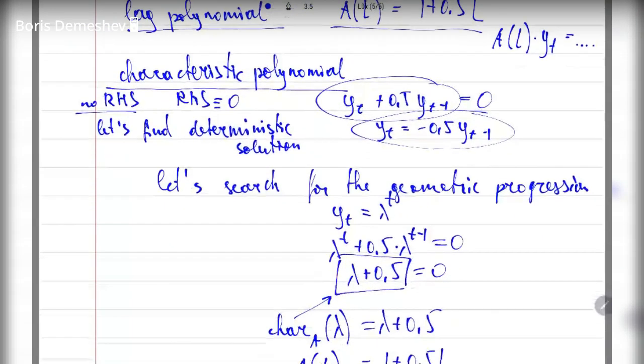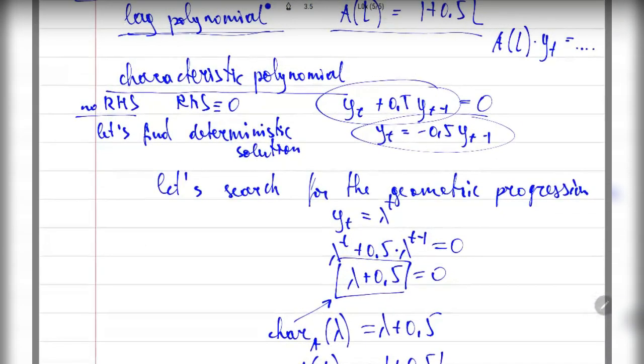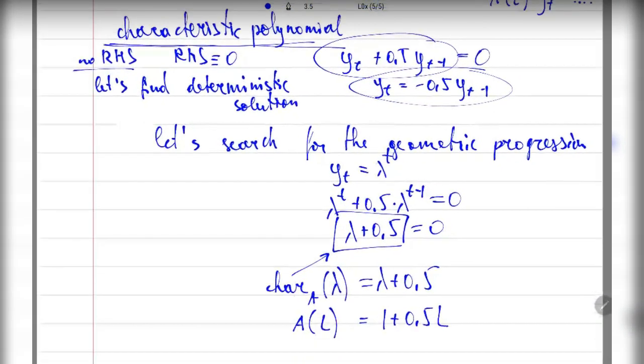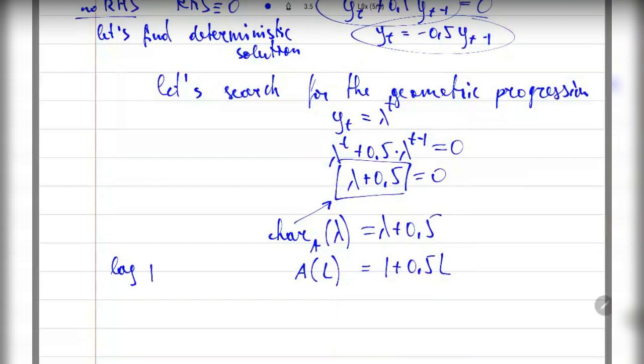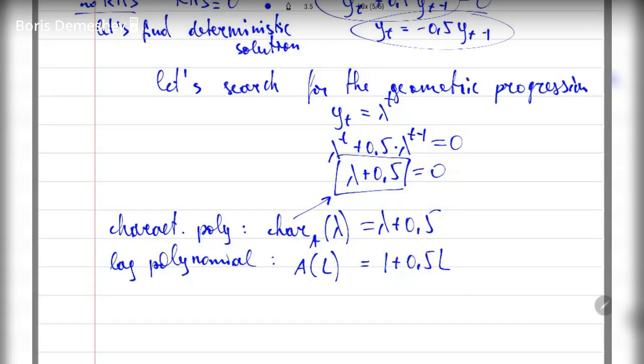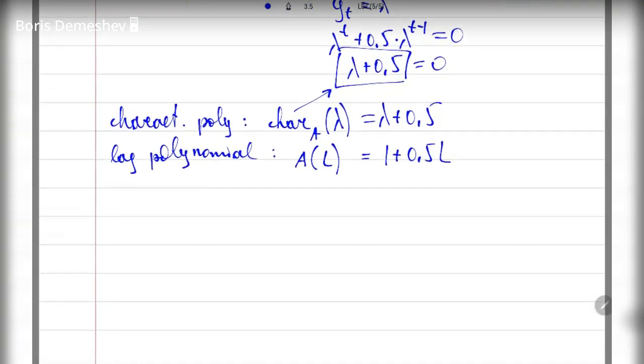So let's consider one more example for the difference between lag polynomial and characteristic polynomial. That's a lag polynomial, and that's a characteristic polynomial. Let's provide one more example.